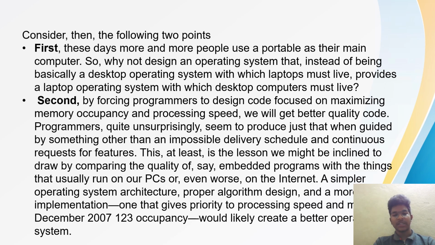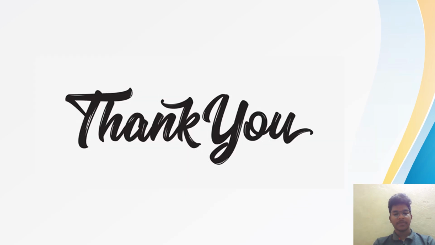This at least is the lesson we might be inclined to draw by comparing the quality of, say, embedded programs with the things that usually run on PCs, or even worse on the internet. A simpler operating system architecture, proper algorithm design, and more careful implementation, one that gives priority to processing speed and memory occupancy, would likely be better as an operating system.